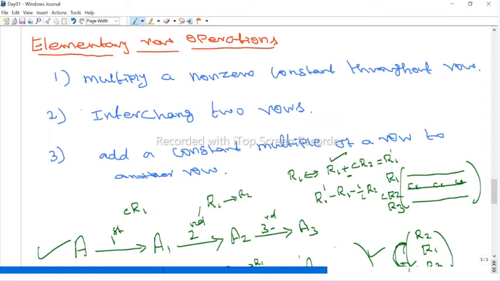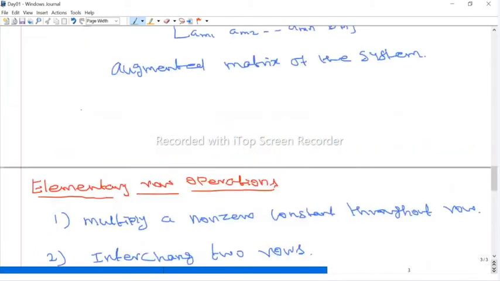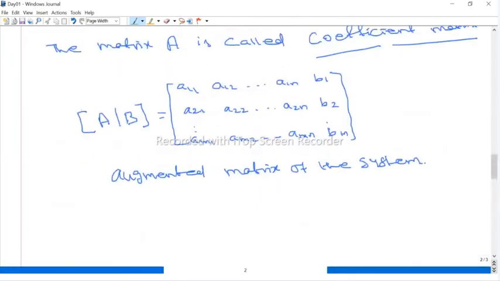This is very, very important to reduce the matrix into a simple form. Actually our aim, suppose a matrix contains some non-zero elements, is to try to reduce some terms to zero. Suppose a matrix contains so many zeros, we can easily handle it. For example, suppose we have a matrix where only the diagonal entries 1, 1, 1 are non-zero and the others are 0, then we can easily handle this matrix.